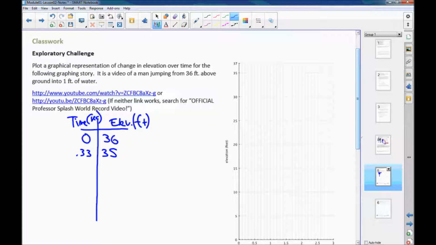Okay, and then about 0.7 seconds in, he's going to be at 30 feet. At 1 second in, he's going to be at 24 feet. At 1.125 seconds in, he's at 20 feet.